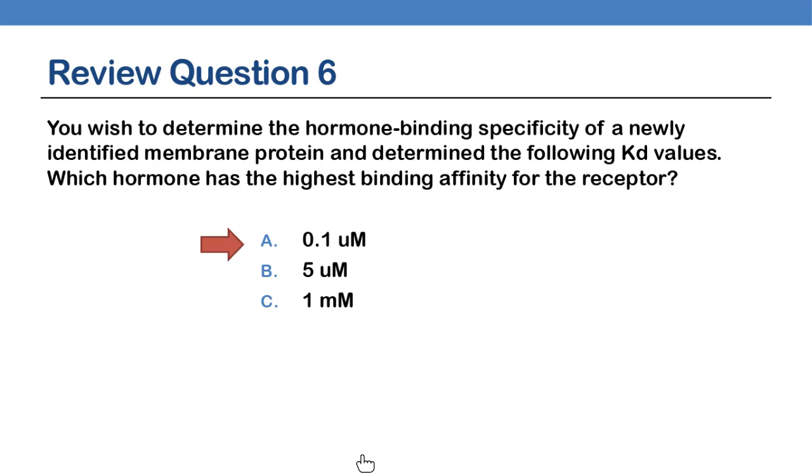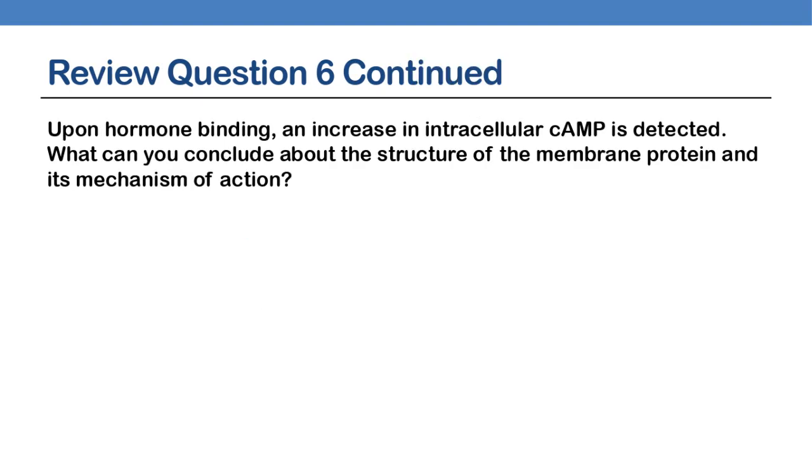Okay, the next part of this question is: upon hormone binding, an increase in intracellular cAMP is detected. What can you conclude about the structure of the membrane protein and the mechanism of its action? It's a GPCR.